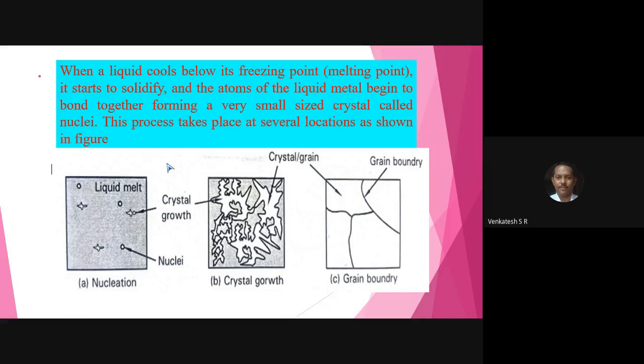Remember, the solidification takes place in three directions: the heat transfer between the liquid metal and the bottom of the mold box, the heat transfer between the liquid metal and the mold walls, and the heat transfer between the surface of the liquid metal and the surrounding.